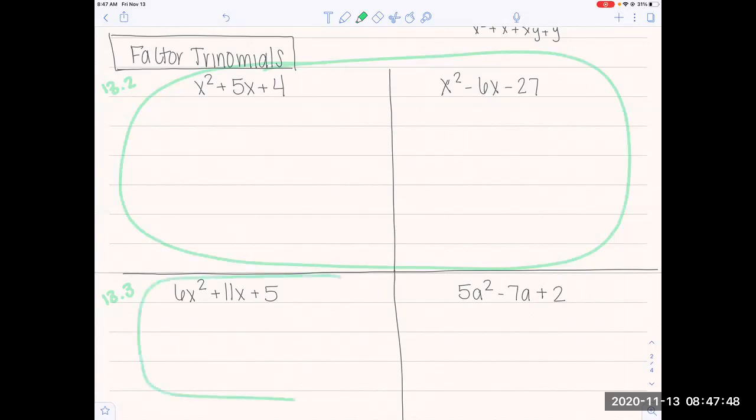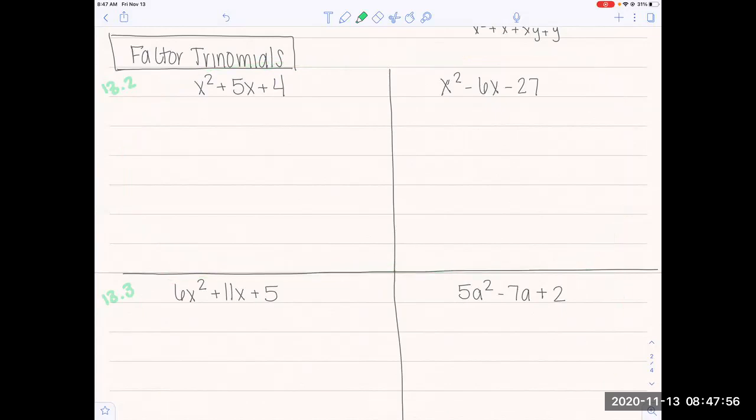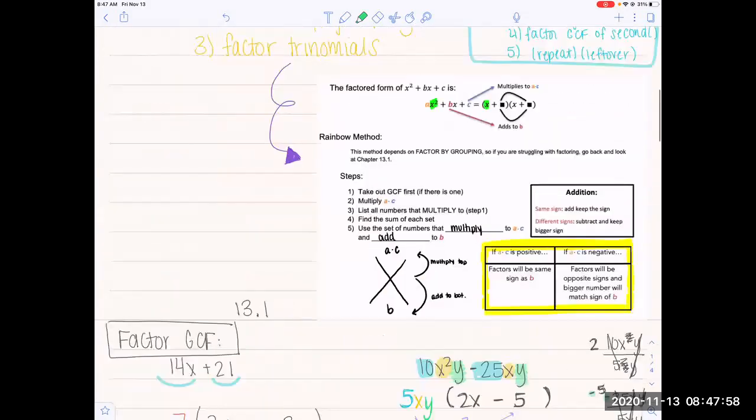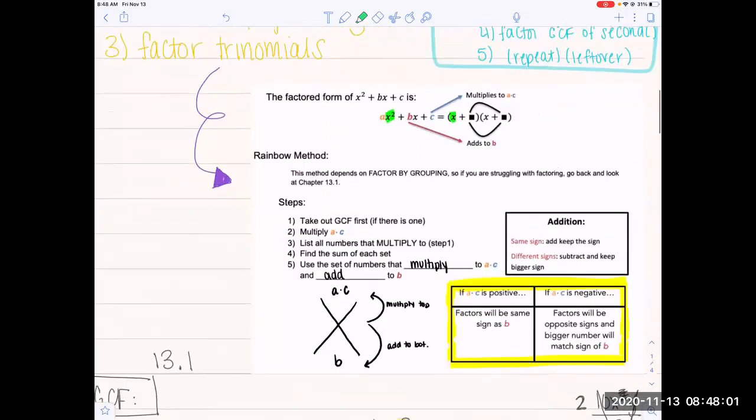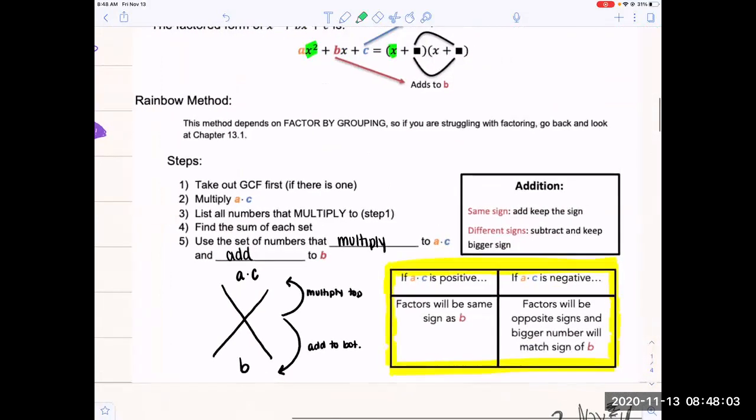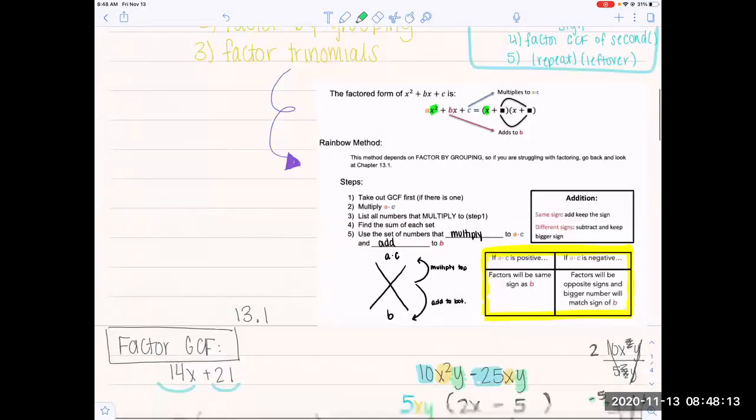In 13.3, we added in, okay, well, what changes when we actually put a number in front? The process is very similar. You guys have seen this thing a ton of times now, but that's just kind of the outline of how I'm going to factor. With factoring, it just comes with practice over and over and over again until it finally sticks.